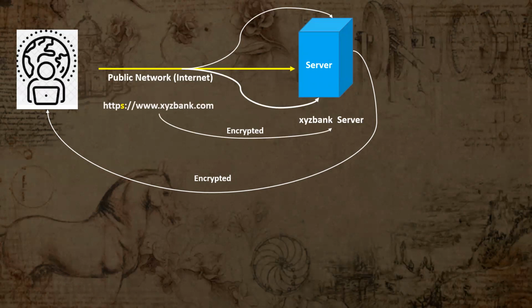In the same way, when the server sends data back to your browser, it encrypts that data with the help of its private key, and when it reaches the browser, your browser decrypts it with the help of the public key. So this is the role of your public and private key: to encrypt and decrypt your data while it is moving on the public network.